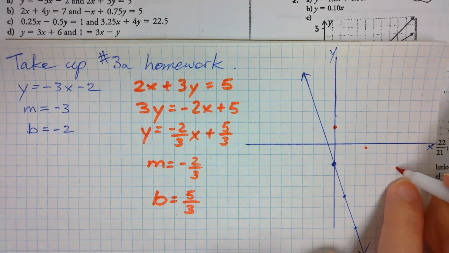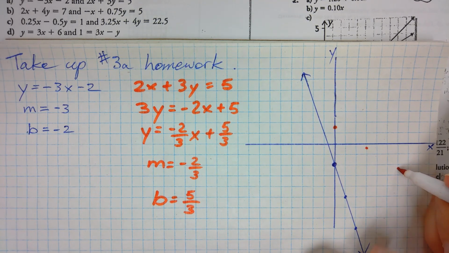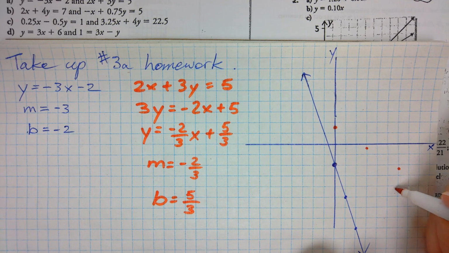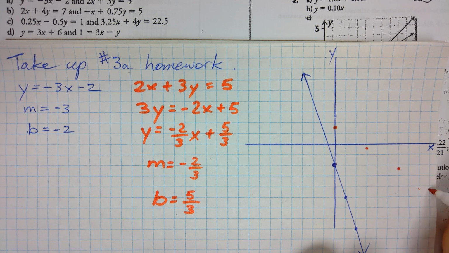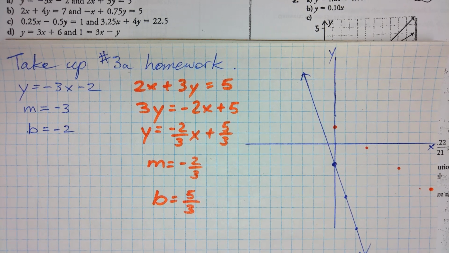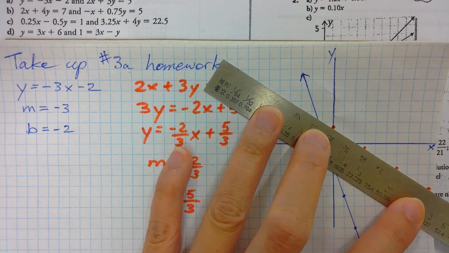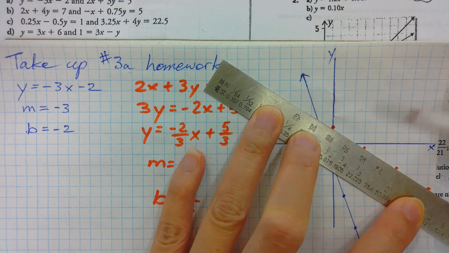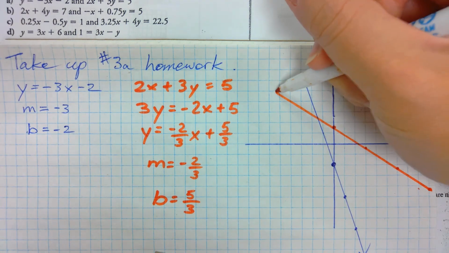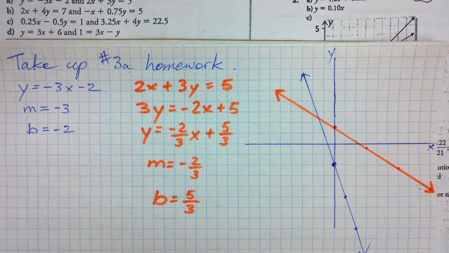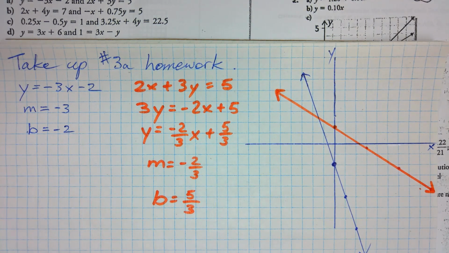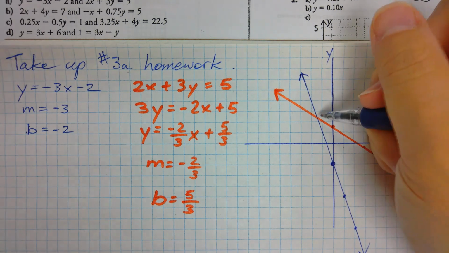Notice my point is always in the middle of it, because I'm going down 1 box, which is about right here, and then going down another box, so I'm not really on the grid. Okay. And then when I connect my dots, I get this intersection point.